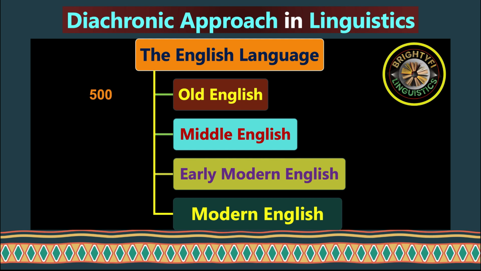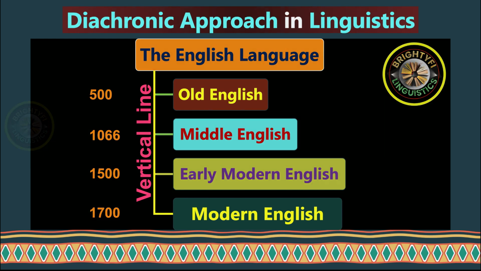We can give the timeline: Old English, you can trace back to 500, Middle English 1066, early modern English 1500, and modern English 1700. So in this way we can study the English language if we have the diachronic approach to study the development of language. What we mean to say is that we study language in a vertical manner, in a vertical line.